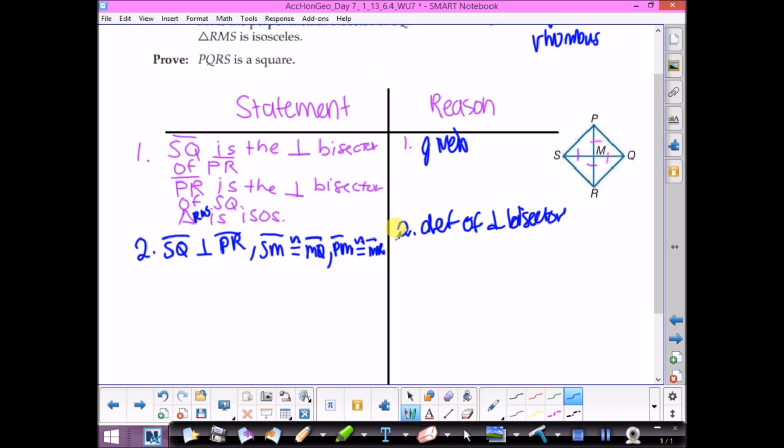Well, now that you've proven the diagonals are perpendicular to each other, we know that this is a rhombus. And that's because we know the diagonals are perpendicular to each other.